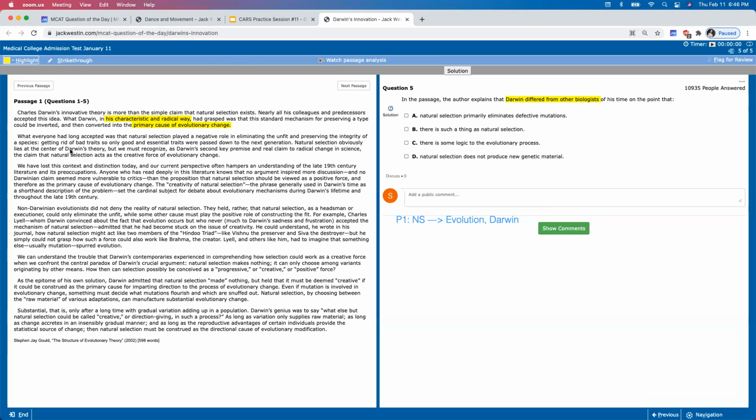Okay, moving on, paragraph 2. Everyone said natural selection plays a negative role in eliminating the unfit and getting rid of bad traits, so only good traits are passed down. That's what everyone accepted.